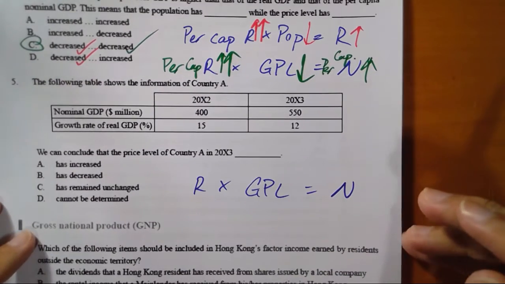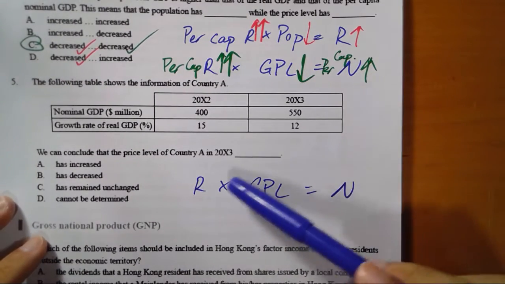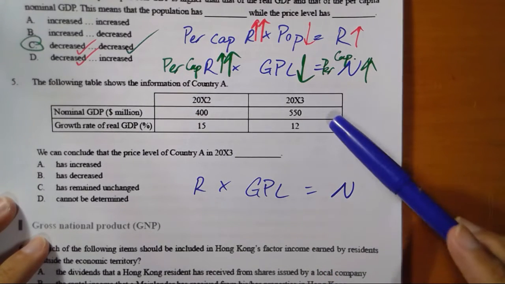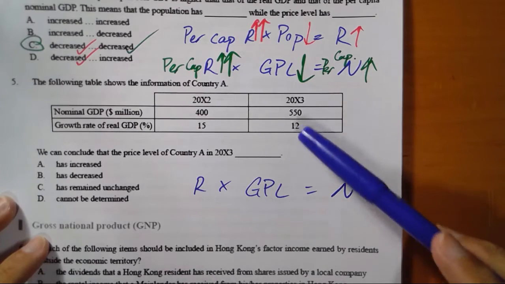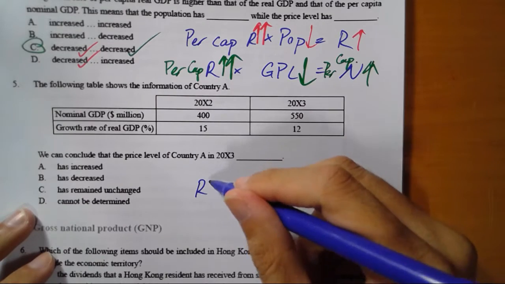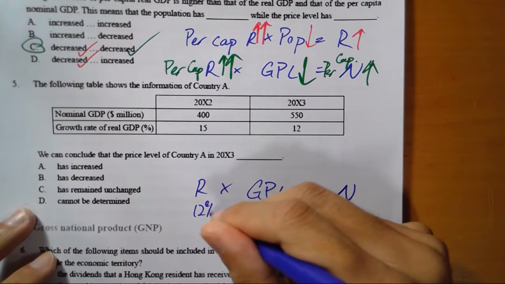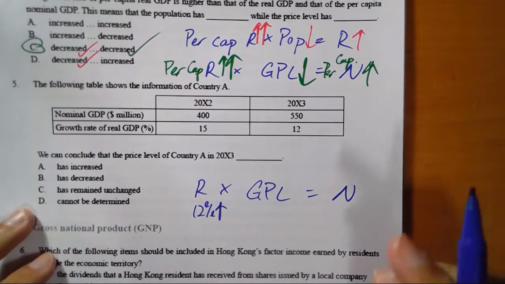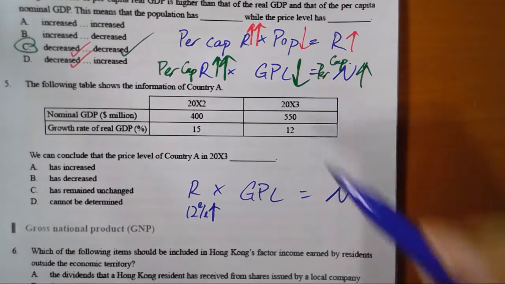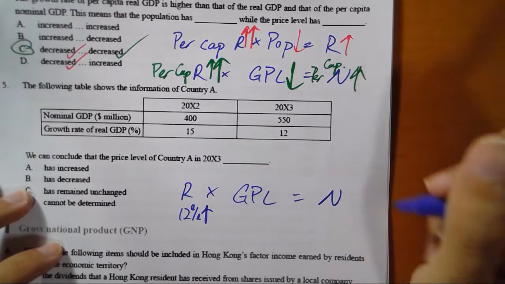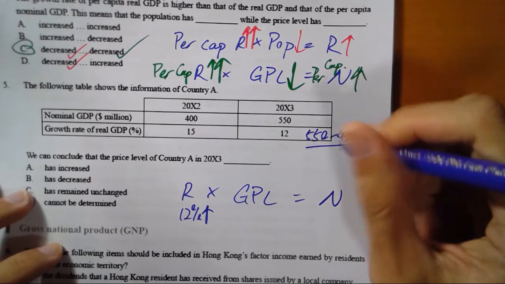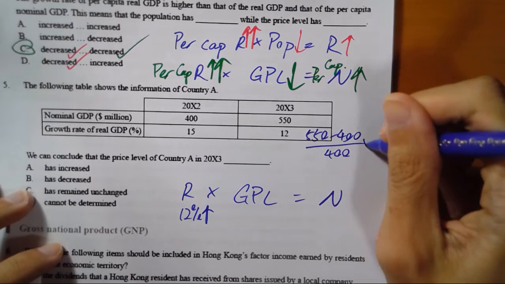都係咁做嘅啫，好嘛？嗱 here we know this guy, okay, in 20x3, 我哋淨係睇 20x3 啦，好嘛？Now we know 20x3 the growth rate here is 12% increase. It is given. What about nominal? 知唔知啊？計下咪知咯。How do we calculate? 新減舊除舊 times 100%.